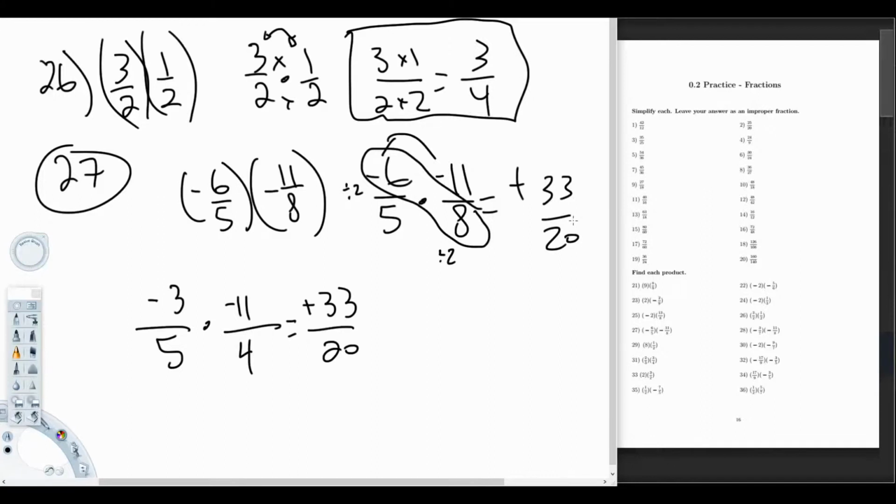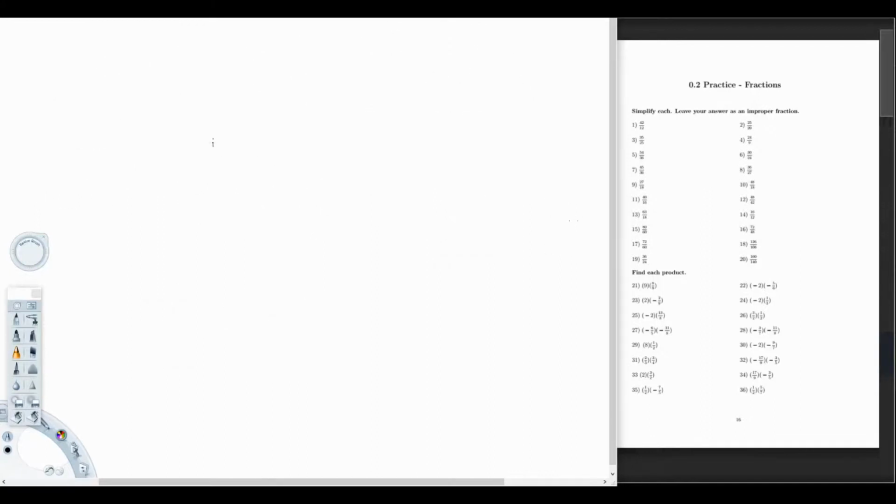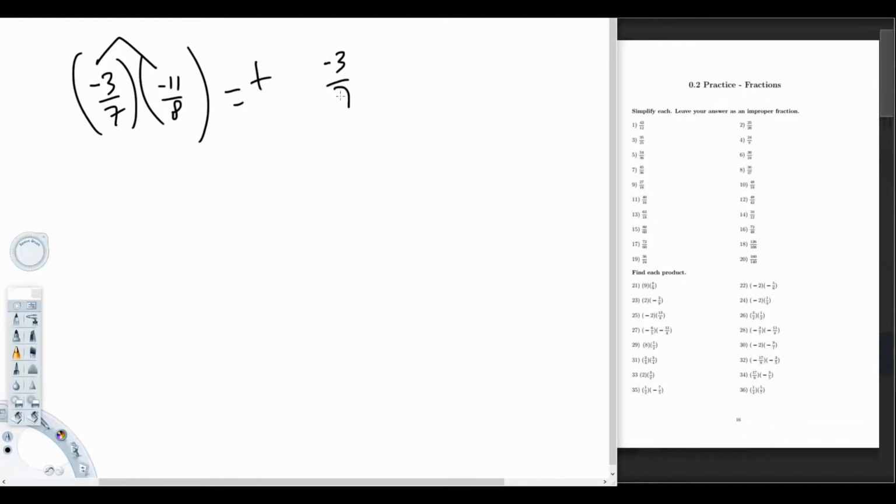So now we're going to move along to number 28. Number 28, that's such small writing. Negative 3 over 7, negative 11 over 8. When we see two brackets, you're multiplying. And we see two negative numbers, does it mean our answer is going to be positive? Boom. So negative 3 over 7 multiplied by negative 11 over 8 equals.